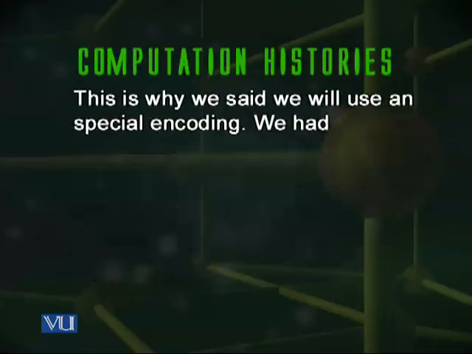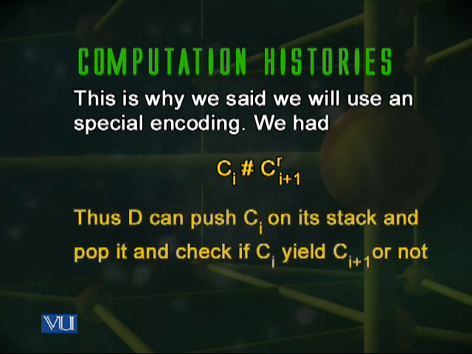Well, recall that the way we had done our encoding, if CI was written straight, then CI plus 1 was written backwards. And since D is a PDA, it has access to a stack. So as it goes through CI, it can push CI onto the stack. And then when it sees the hash sign, it can pop the elements of CI and start matching them with CI plus 1 and find out if CI yields CI plus 1.